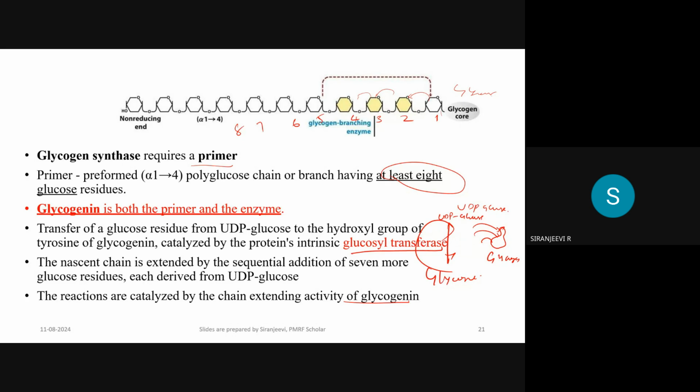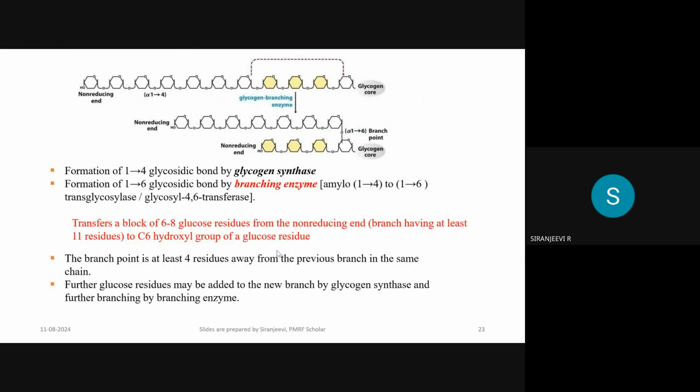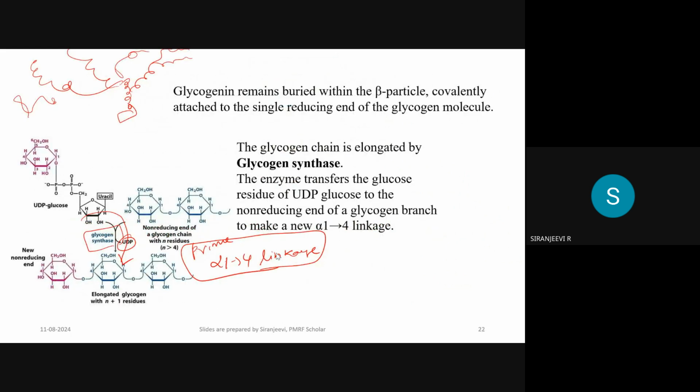Once the primer is ready, glycogen synthase will come. It will utilize the UDP glucose, which will be converted into UDP separately, and the glucose will be added to the non-reducing end here. Then finally, the glycogen synthase will add the N plus 1 molecule. Now it will form so many molecules here and there.